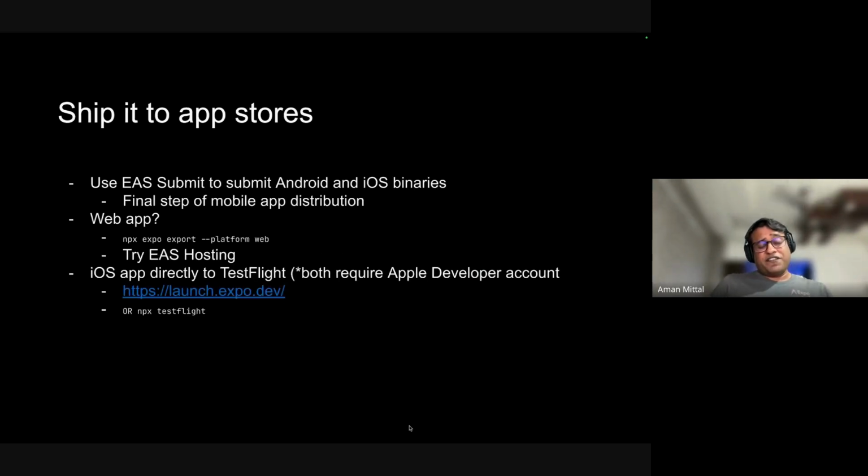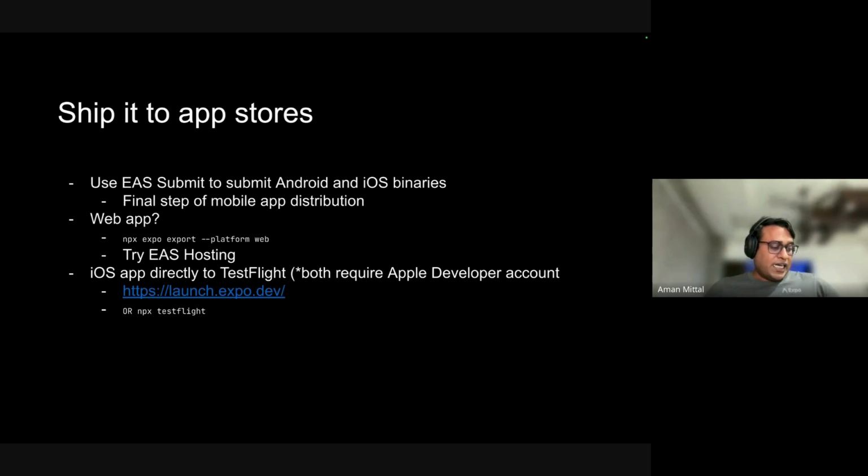Let's say you have reached the final stage of your app development journey and you want to ship it to app stores. Use EAS Submit. It's a free service. It's the final step in mobile app distribution. If you want to build a web app or share code with your web app, you can just run npx expo export with platform web and try EAS Hosting.